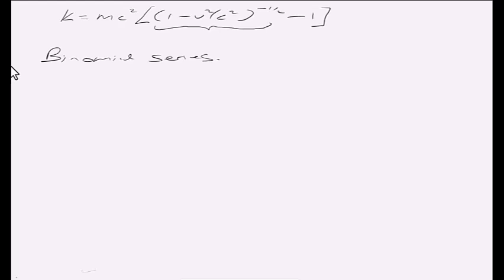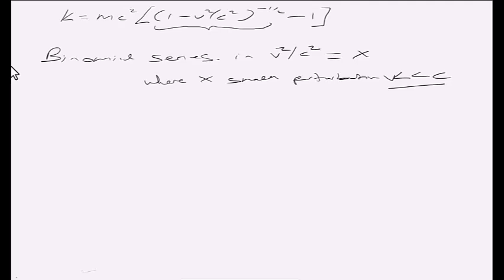And we're going to do so in v squared over c squared, which we will call x, where x is a small perturbation provided that velocity is a lot less than c, the speed of light.